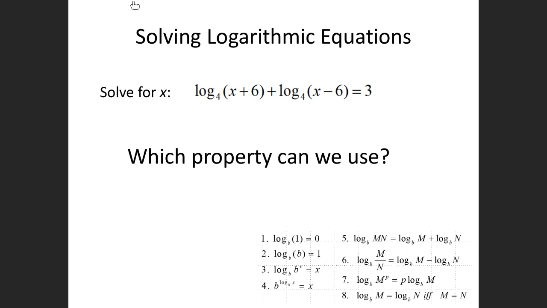We did several examples of this before, but this could be the same thing as log base 4 of x plus 6 times x minus 6 equals 3. So don't forget those properties that we had covered before.